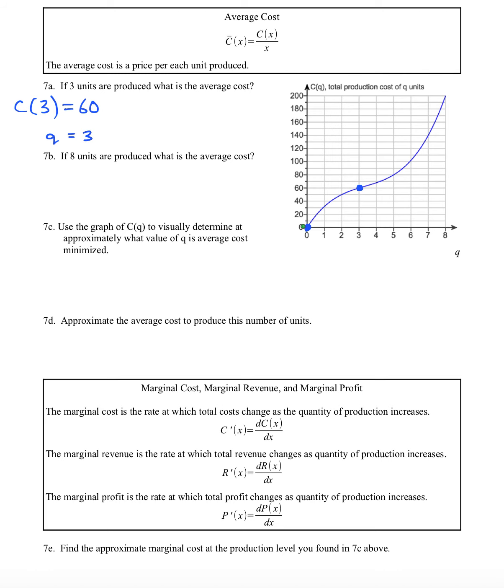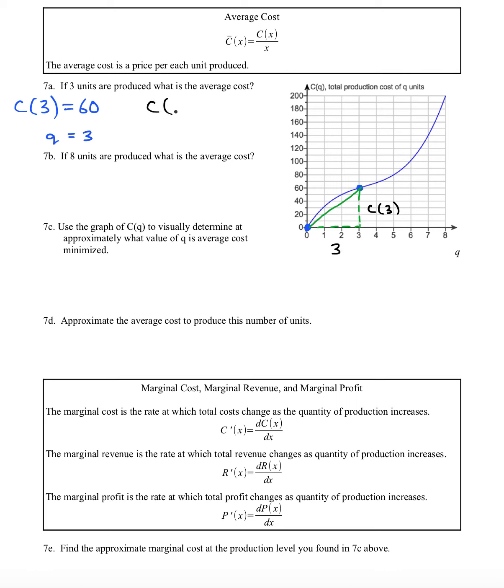What we're going to do is draw a secant line from the origin to the point in question. And we're going to create a triangle where the height is C of 3 and the width is 3.